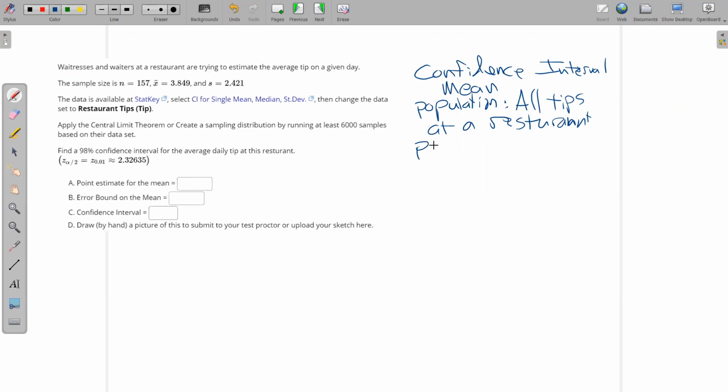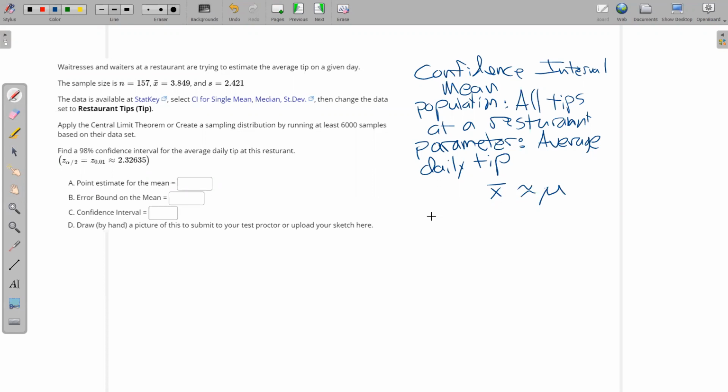So that would be our parameter. So that is an X bar, which according to the central limit theorem is the best way to approximate the population mean. So we have a particular day or sample from particular days, and we're trying to estimate the average daily tip. What else do we need to know?